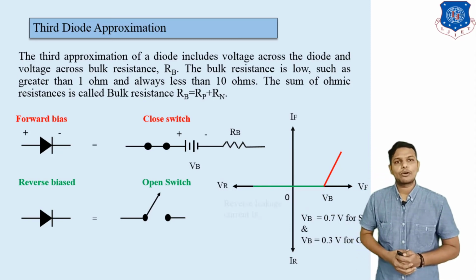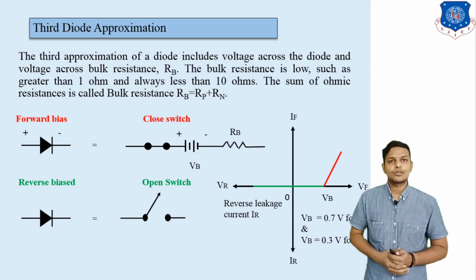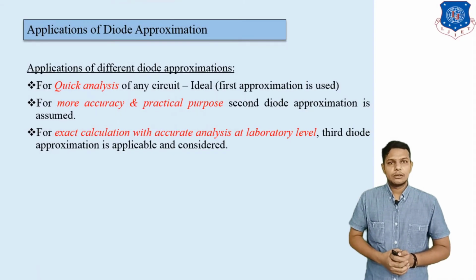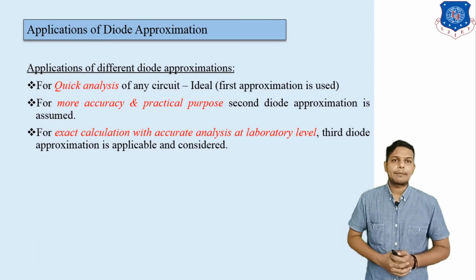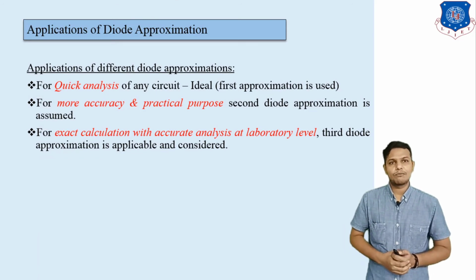Now let us discuss its application, where we can use this approximation. We can connect it to a real-time example. Like someone says, how old are you? You may say, I am 21 years old. That is not much information about your age.